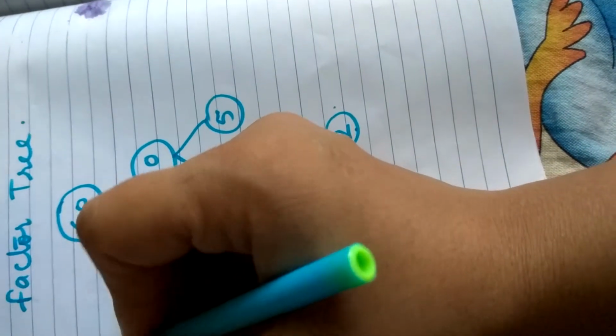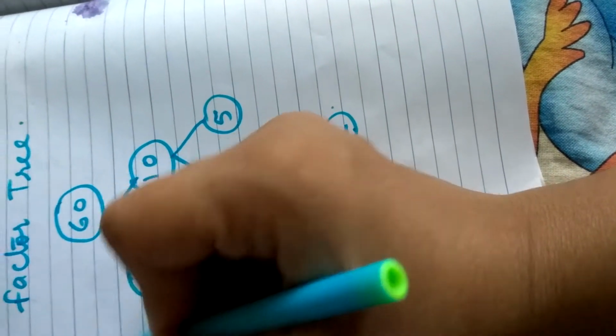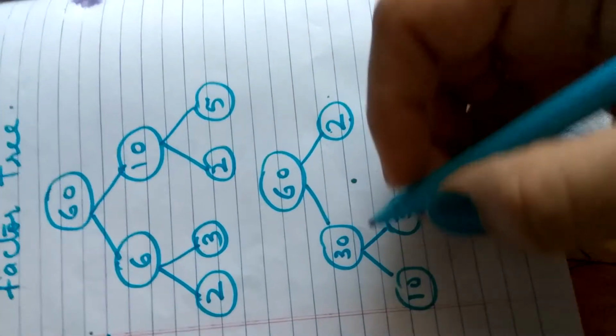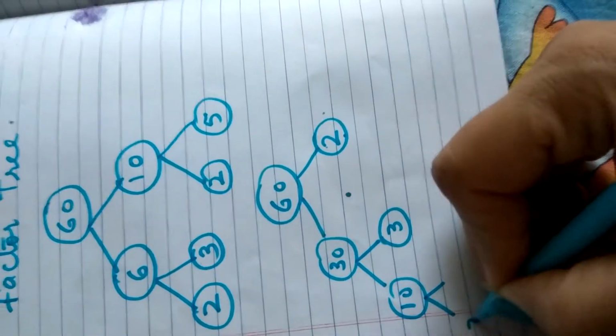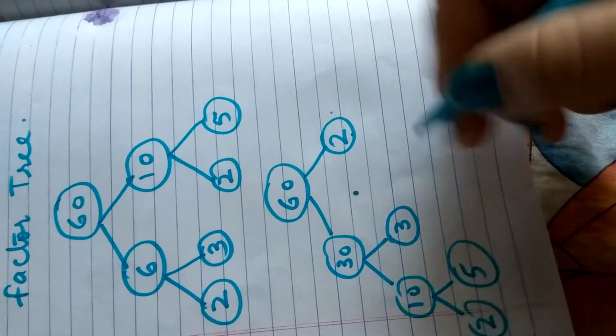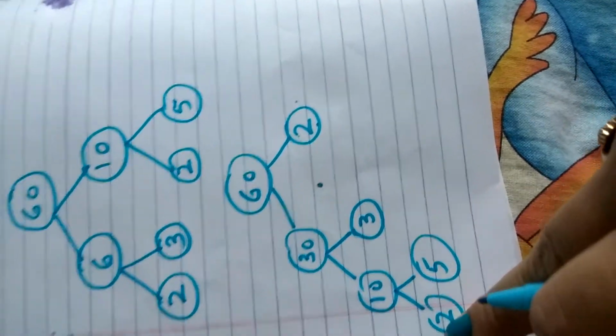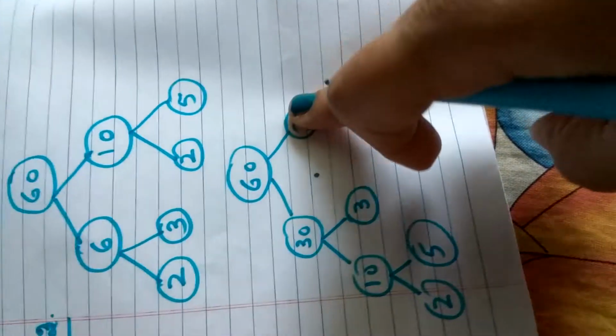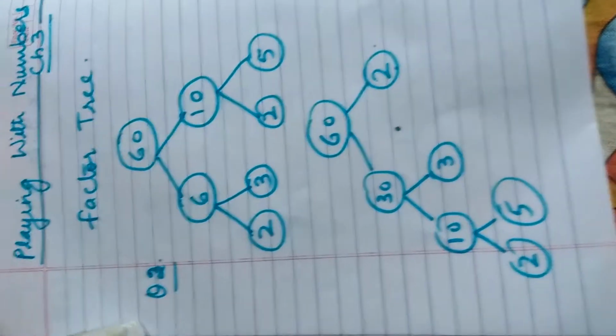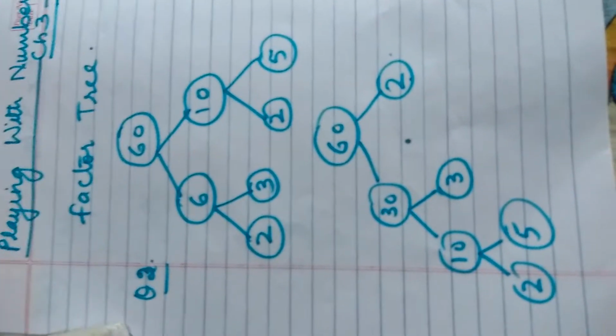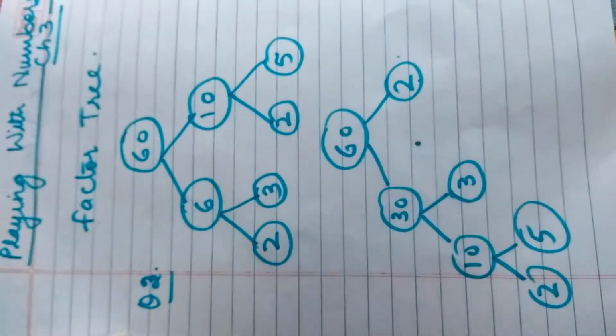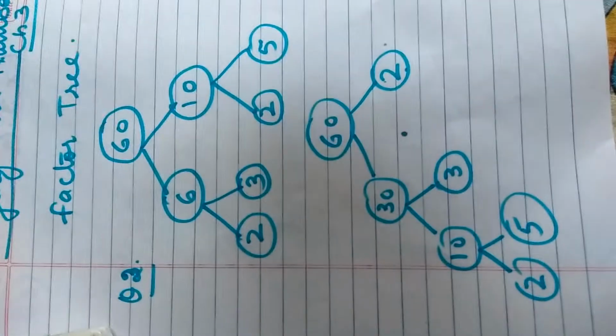So this is question number 2 of the exercise, right? And then 10 can be further factorized into 2 and 5. So now we see at all the bottom edges 2, 5, 3, 2, these are all prime numbers, and then the process will stop there. Similarly, you can find some different factor trees for 60.